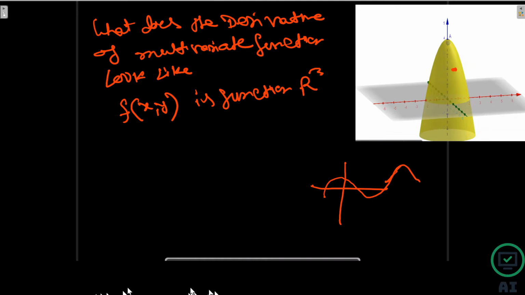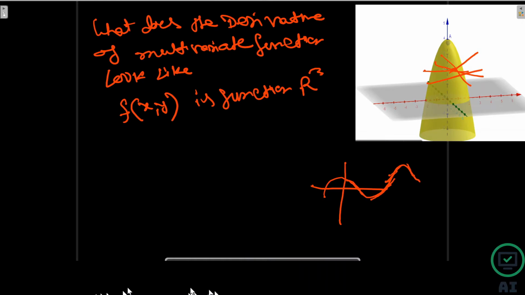Either you will go this way or this way. But if someone says the tangent line at this particular point in 3D, in which direction? How many directions would there be? If you take the tangent line at a particular point in 3D, how many directions do you expect? There will be infinitely many directions.